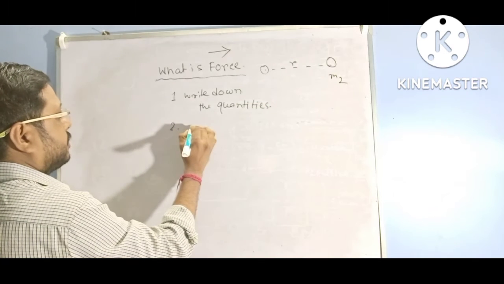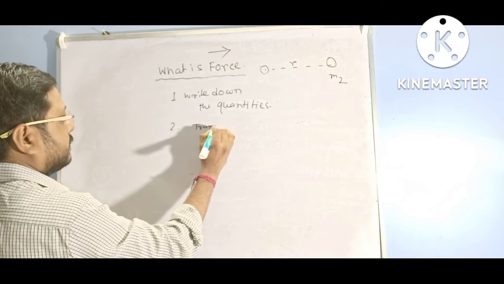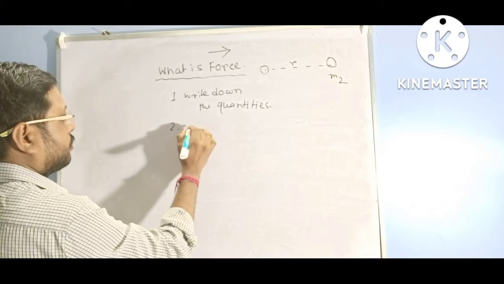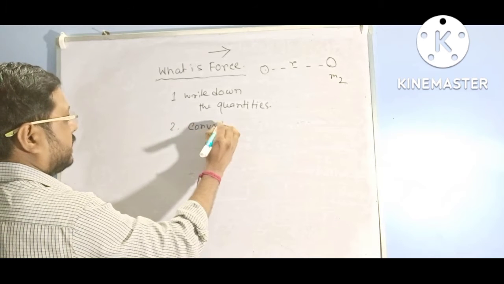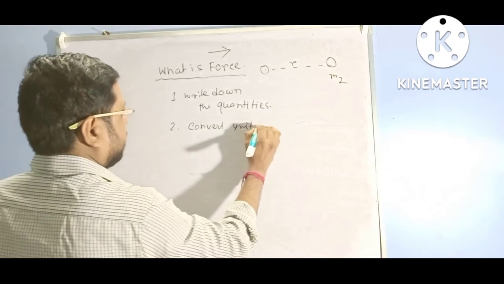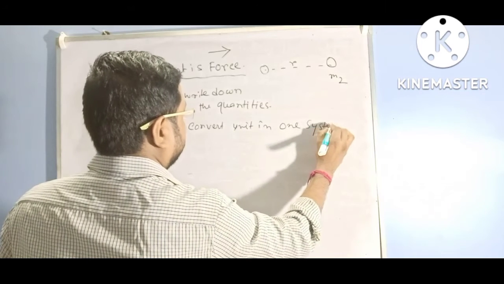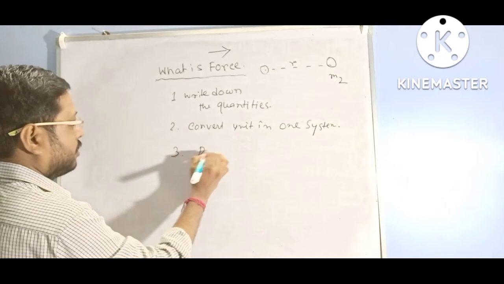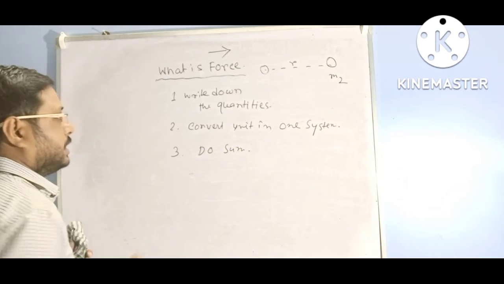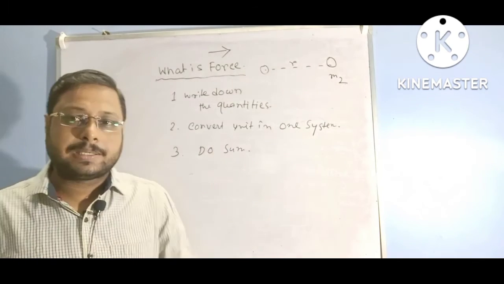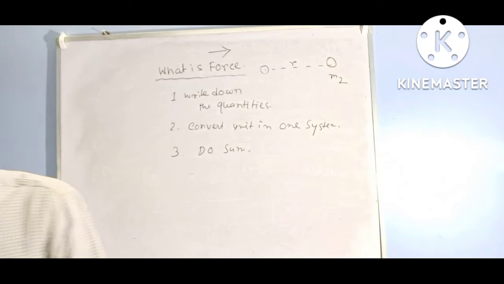Second, convert units into one system. And number three, do the sum. This is the basic of doing numericals.